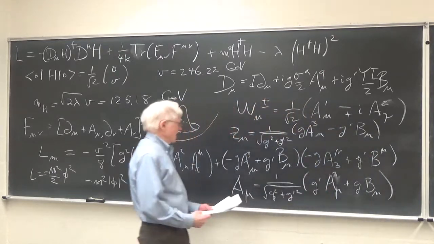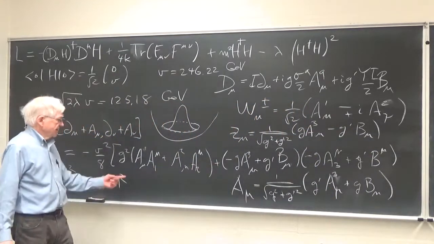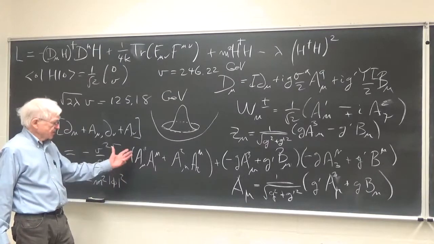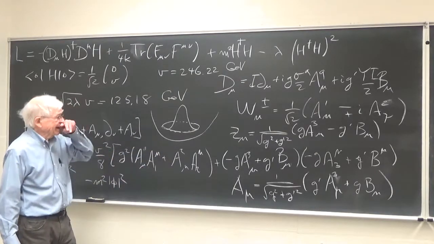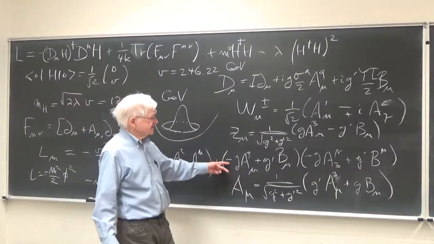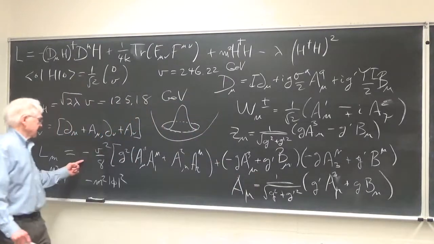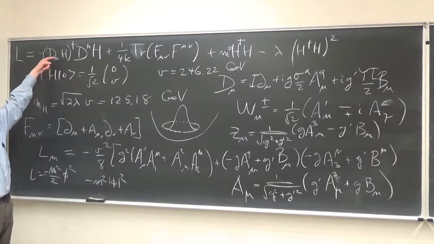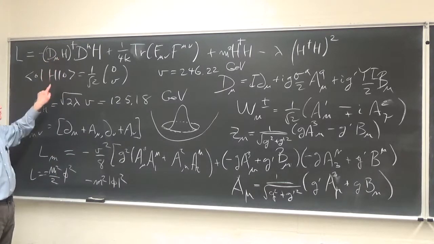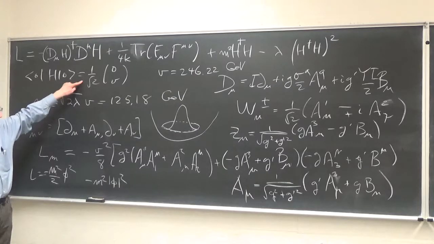This orthogonal combination doesn't occur here. This is W plus squared plus W minus squared. This is Z squared, and there's no A mu term that appears in the mass term, which is this when H is replaced by its mean value in the vacuum.